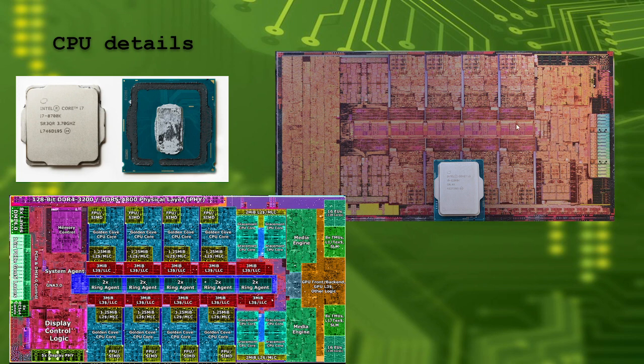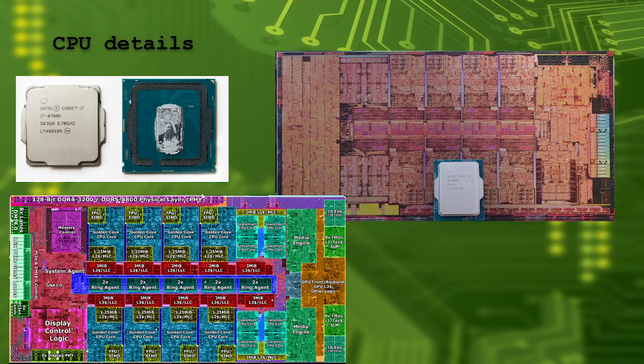CPU details. A CPU is made up of a few different components that you will not need to worry about, but it is a good idea to understand each part of your CPU. This is the silicon die of the CPU. This is what it looks like blown up to a huge scale.